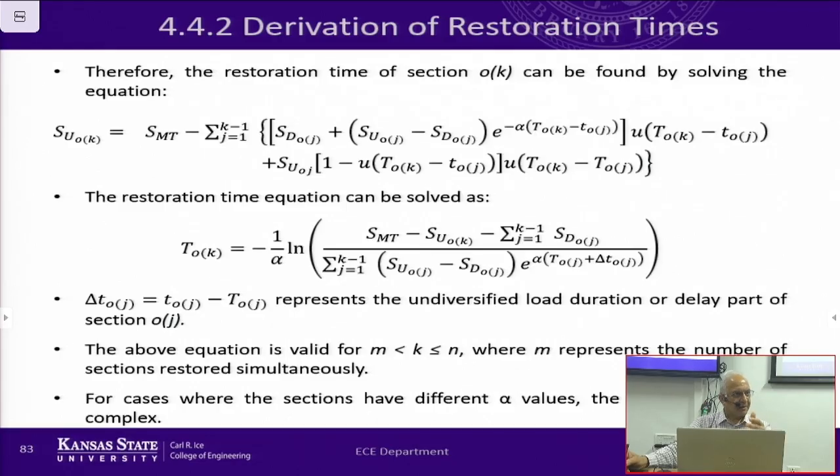You get a closed form solution. So this is the solution. TOK is the time of restoration of different sections, and you can see that 1 over alpha comes out outside and everything else is inside, and there's a natural log here.